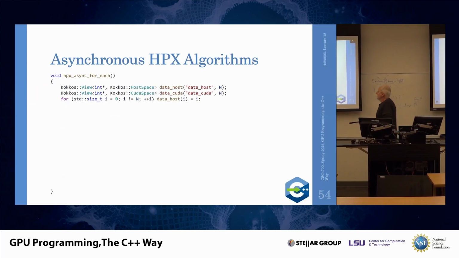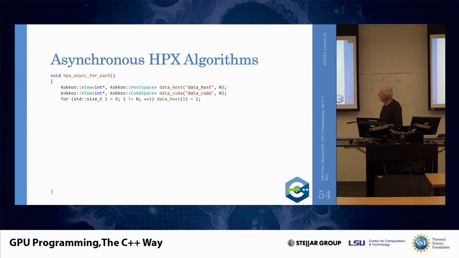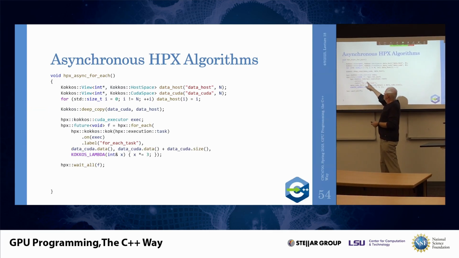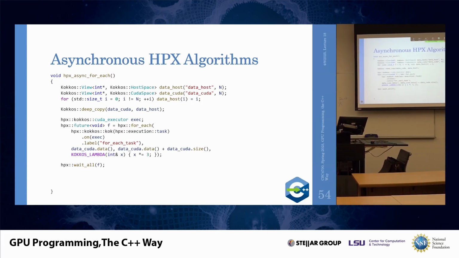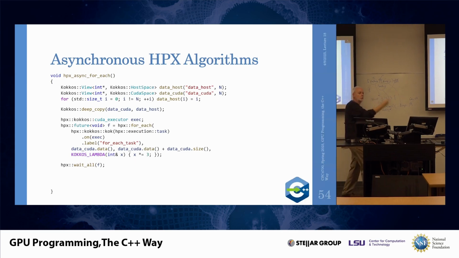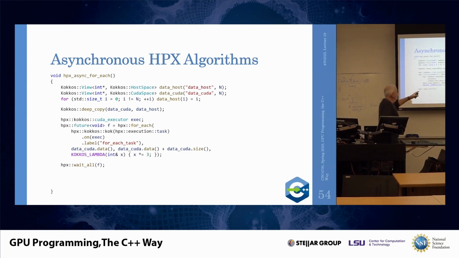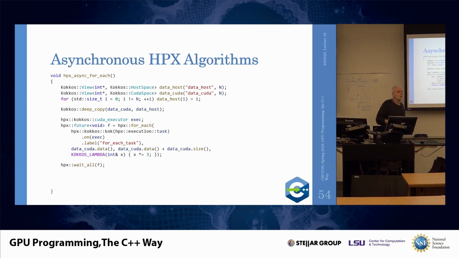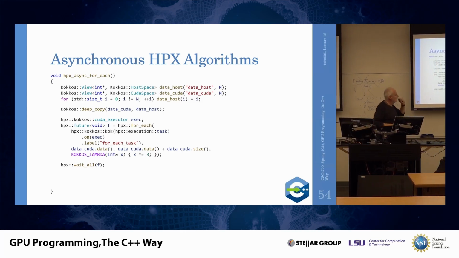The same can be done asynchronously, and that's a bit more interesting, because what we do now, you might remember, we can turn HPX parallel algorithms into asynchronous algorithms that will give you a future by passing that execution task to the execution policy. The same can be done here.